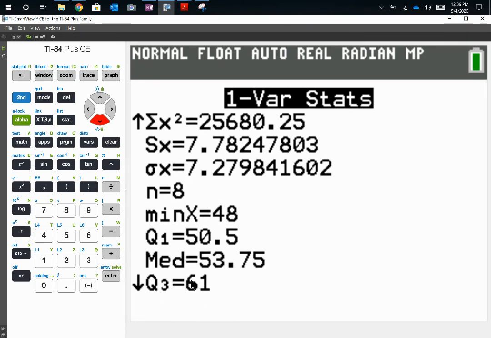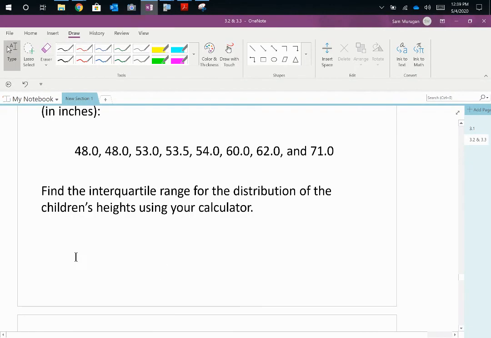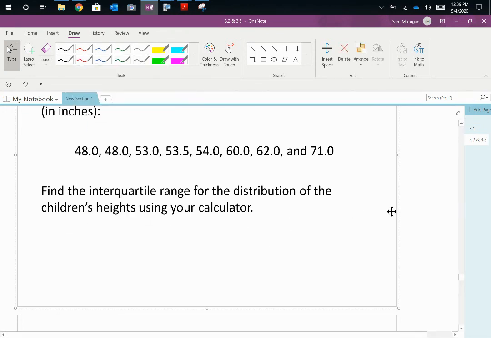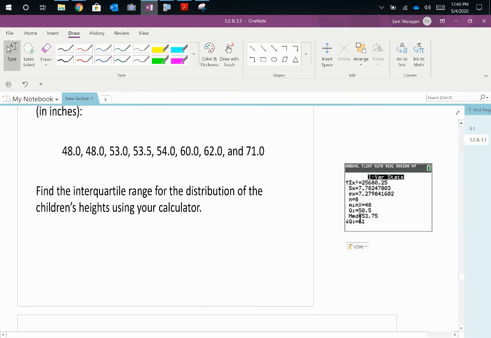So there's my data, and I can see quartile 1 and quartile 3.